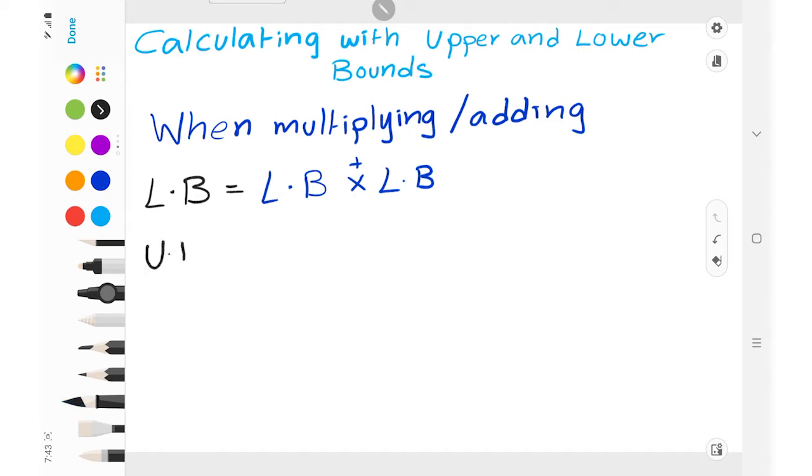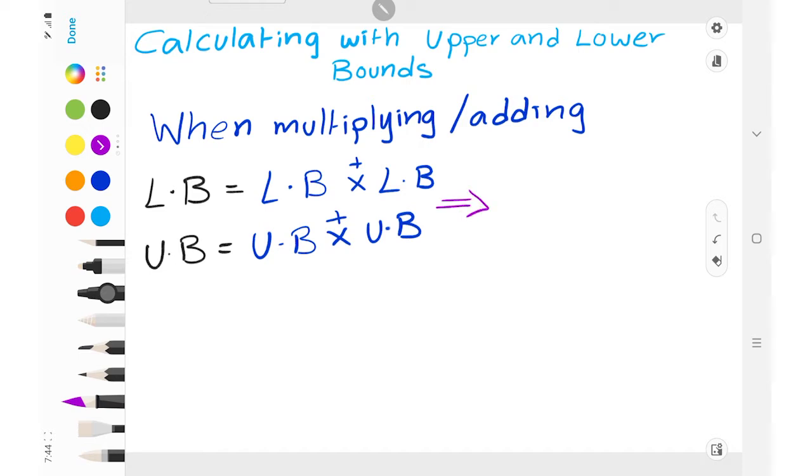And for the upper bound, it's the upper bound multiplied by the upper bound. So when we have two numbers, we need to multiply them or add them. You will find the lower and upper for those numbers. And if you want to find the lower bound for the multiplication, you will multiply the lower by the lower. And if you want to find the upper, the upper by the upper.